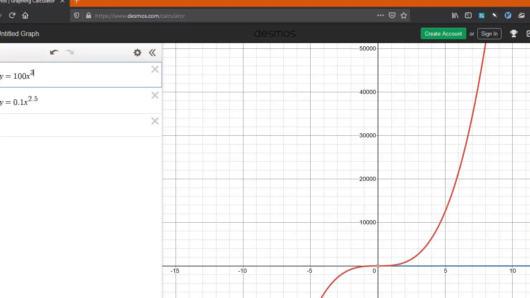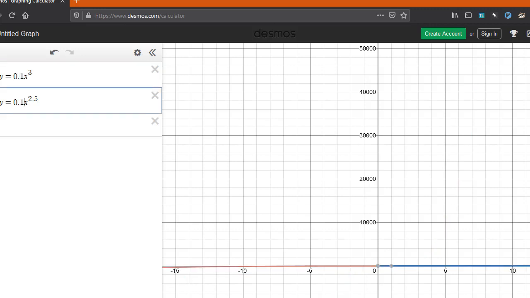Okay, so we're going to have 0.1 x to the third power, and then 100 times x to the power 2.5. All right, so what you can see here is that at first, the 100 x to the 2.5 is much bigger because the 100 is way bigger. And on this scale, the 0.1 x to the third power is sitting right on the x-axis there.